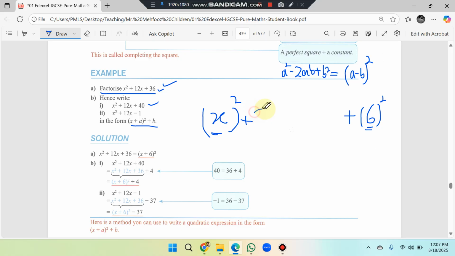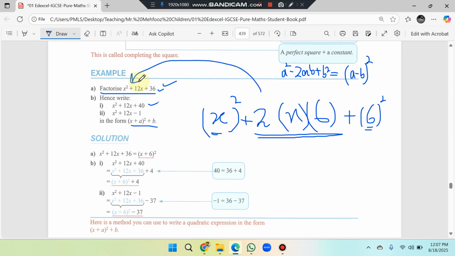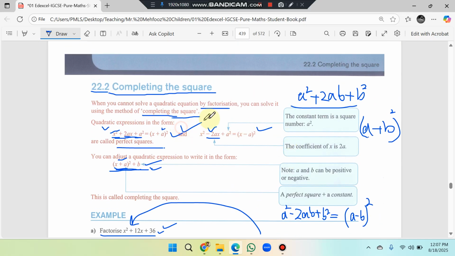So we take 2 times x and 6, the first term and the last term, and when we multiply them, your answer will be 12x. So this can be written as x plus 6 whole square. This is the formula which we studied at the start. Okay, do you have any problem?